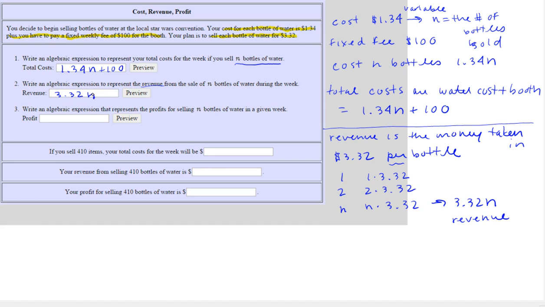Now let's look at our profit. So profit is equal to the revenue minus the costs. So like we said before, the revenue is all the money you get in, so that $3.32 a bottle. But we still have to subtract off that you paid $1.34 per bottle and you paid $100 to rent the booth.